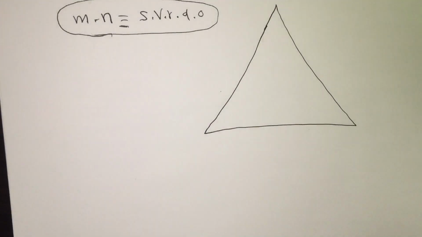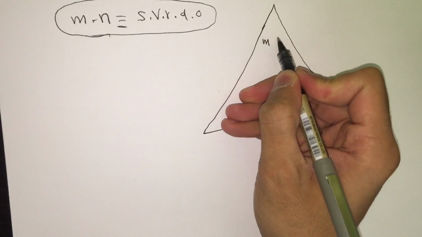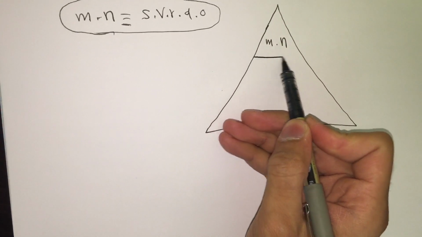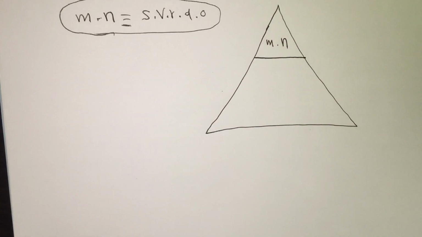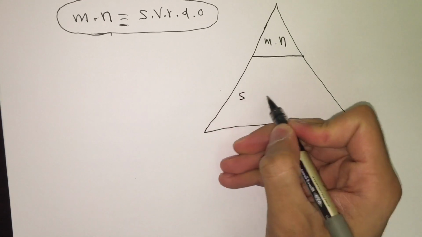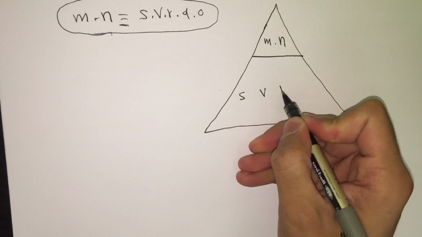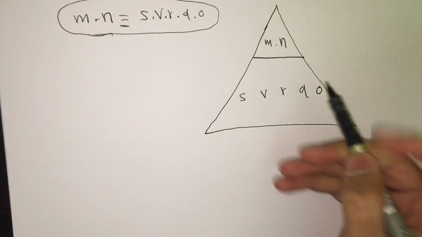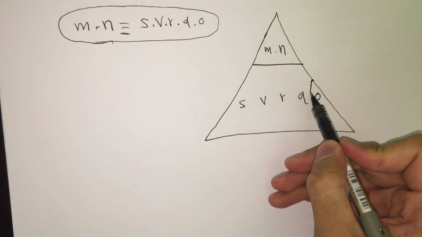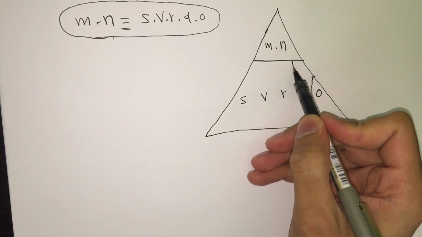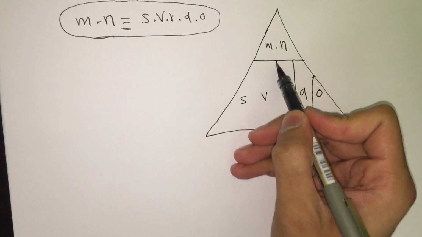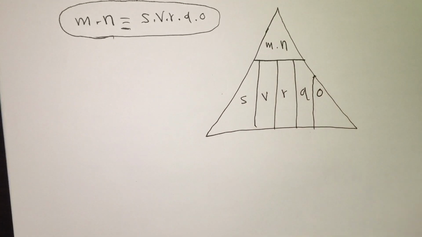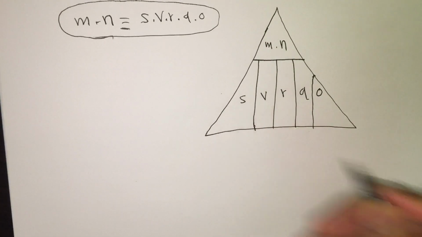So the m n will go at the top of the triangle. The s, v, r, q, o will go at the bottom. It is better to divide them and draw little lines to make everything simple. You could just leave them as they are, but it's better to write these lines.